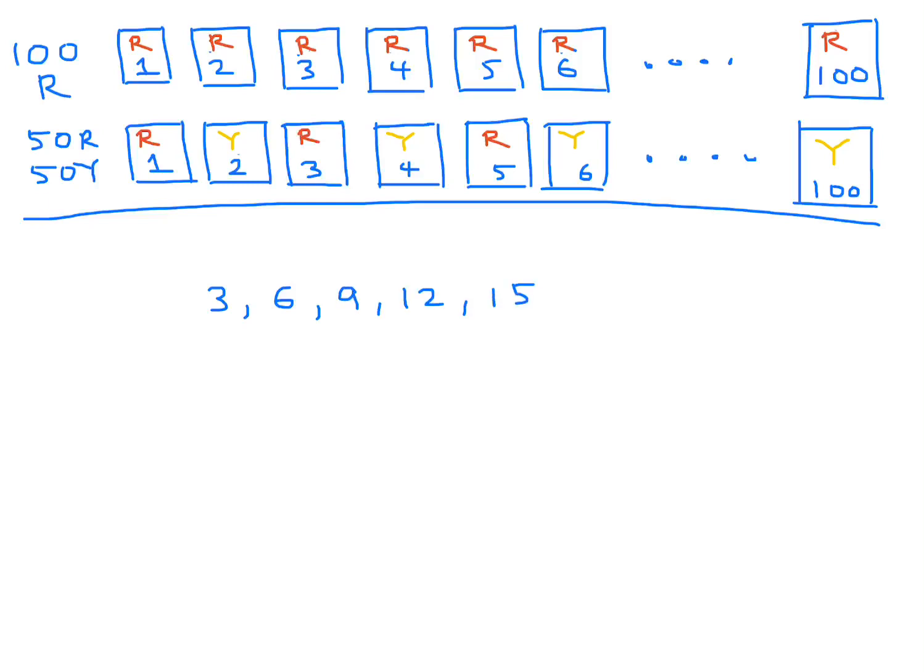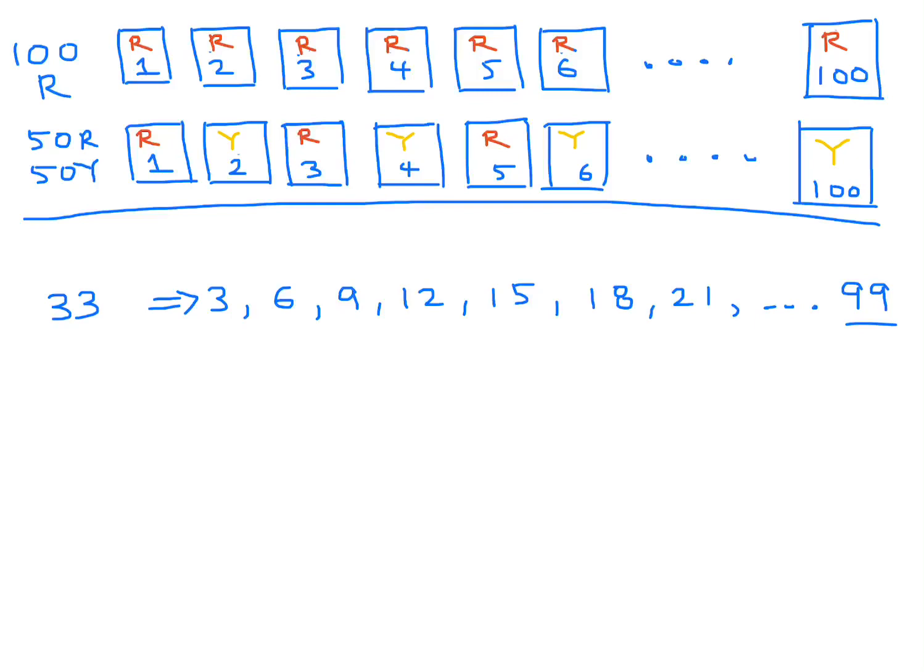You don't have to list them all, because you're going to have to go up all the way to 100. But these are the numbers that are divisible by 3, right? Now, all the way up to 99, because 100 is not divisible by 3. So how many of these numbers are there? 3, 6, 9, 12. Well, there's 33, and you can easily do that by 99 divided by 3.